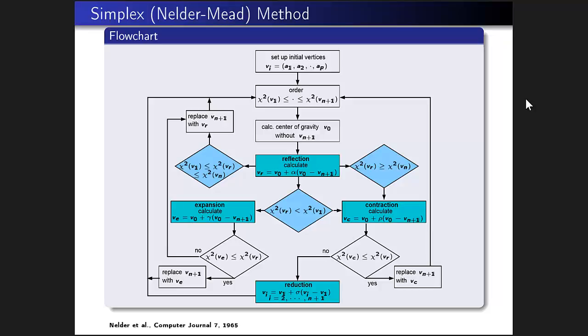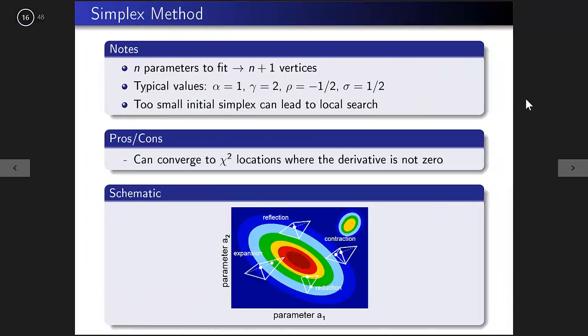I'll show you a picture here. So you start with a certain triangle, you find the center of gravity, and then you reflect, and this is your new triangle. Or you might contract, again using the center of gravity. Or this is a reduction, or this is an expansion.